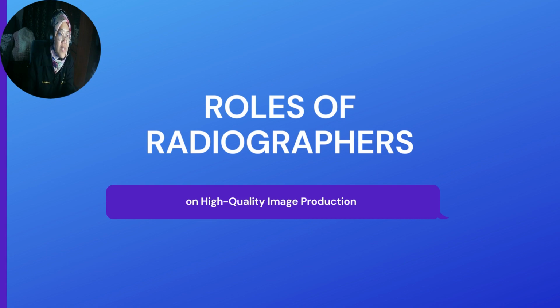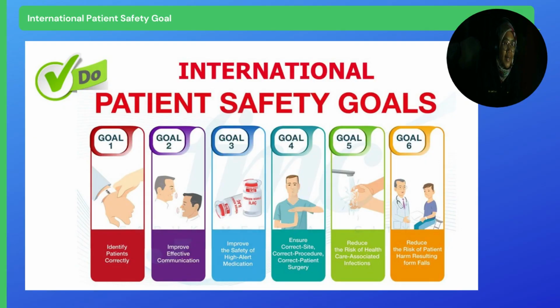We go to the next one, roles of radiographers on high quality image production. I just want to start with the international patient safety goal. What are the six goals of patient safety? First, identify patient correctly. Second, improve effective communication. Number three, improve the safety of high alert medication.